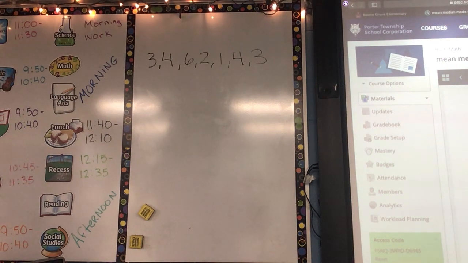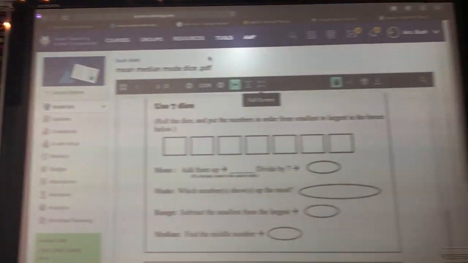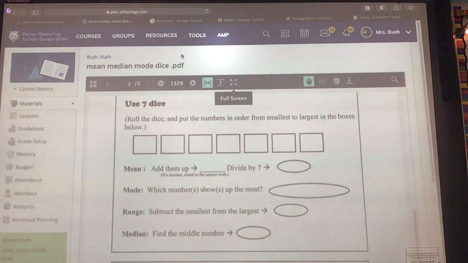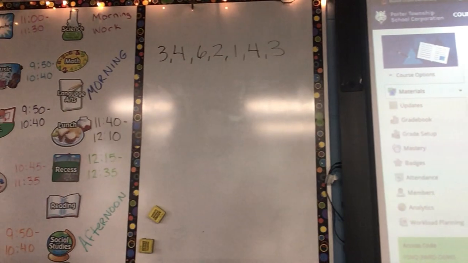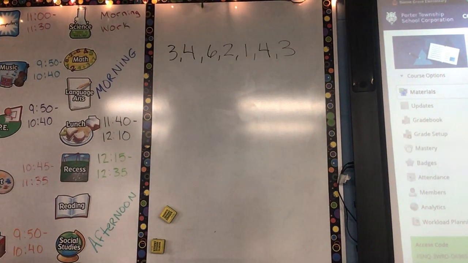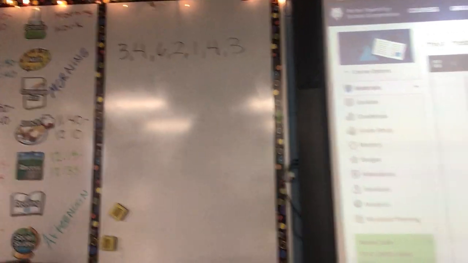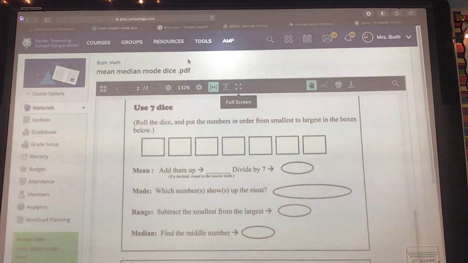I want you to go ahead on your sheet to fill out your working on using the 7 dice. Working independently, I want you to find the mean, median, mode, and range using these numbers. I'm going to give you guys a couple minutes to work on that.